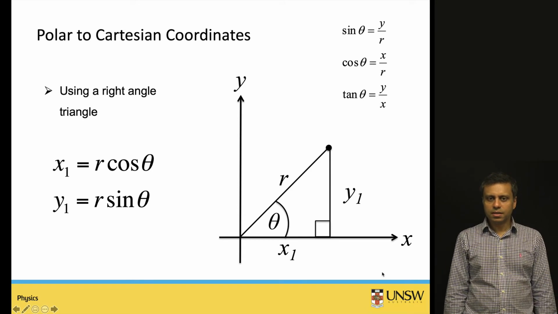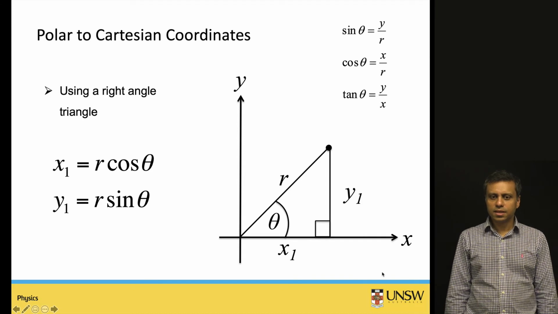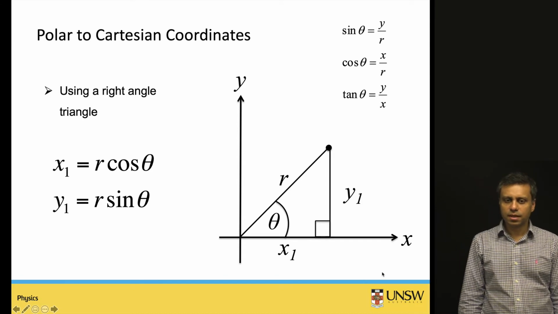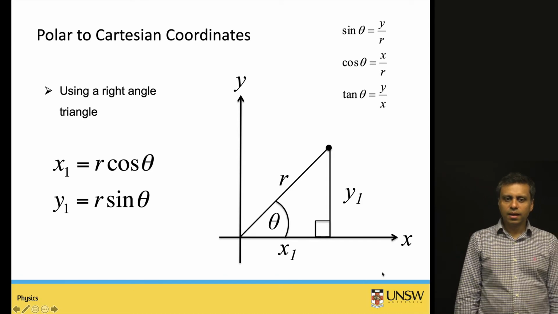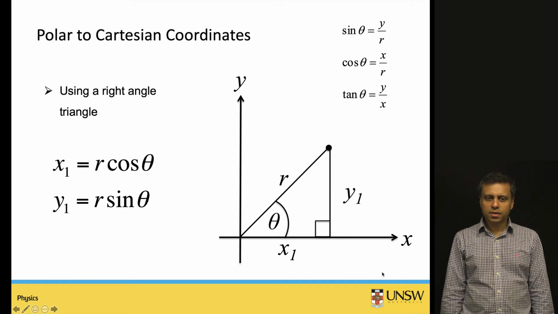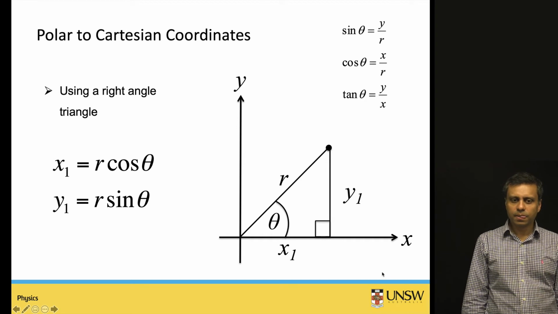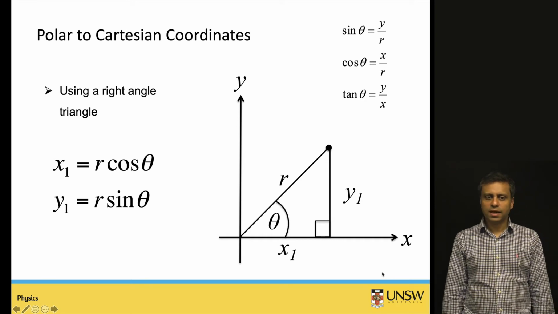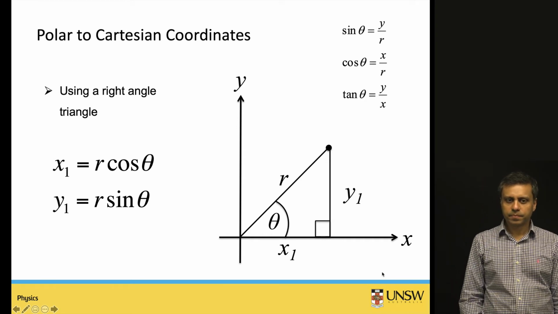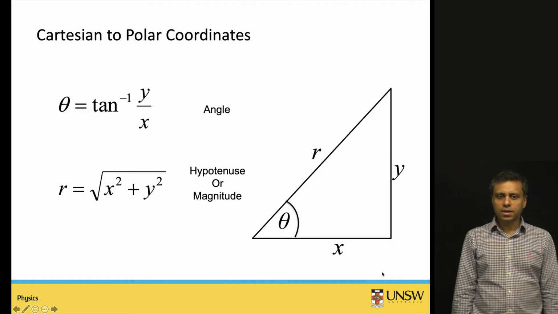So you can easily define sine theta, cos theta, and tan theta of this triangle. And so your x coordinate x1 is given as r cosine of theta, and y1 is given as r times sine of theta.